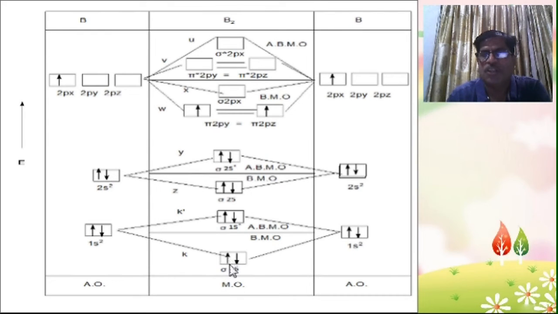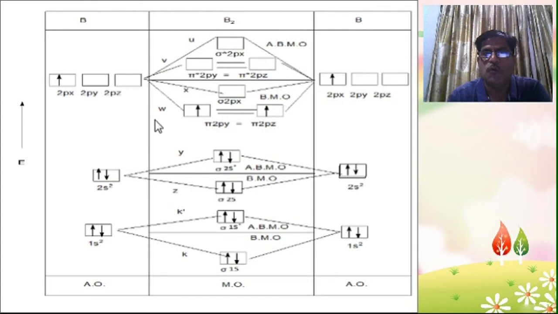So we have sigma 1s, sigma star 1s, sigma 2s, sigma star 2s, pi 2py and pi 2pz, and sigma star 2px. These 3 MOs are BMO and these 3 MOs are ABMO.